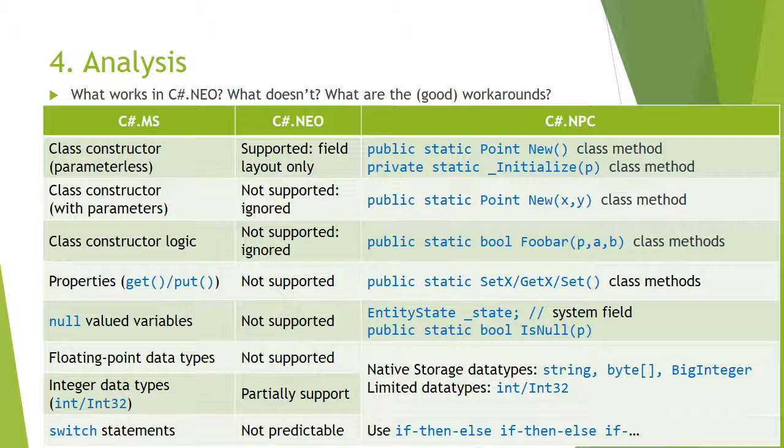And so the workaround there, if you want to do some actual initialization of those members, is to create public static and private static methods to support those capabilities. And we'll see lots of examples later on, because this is going to seem a little bit abstract. But the idea is that instead of executing the constructor, you'll call the new method on the class.